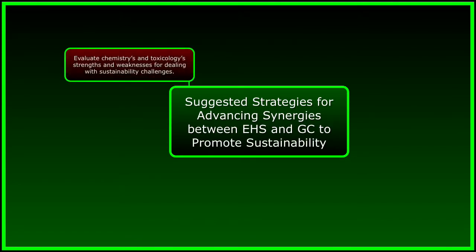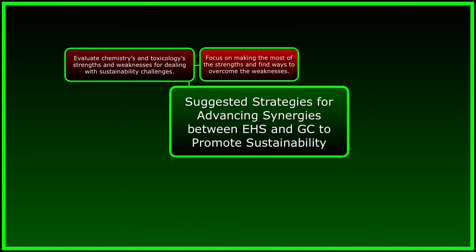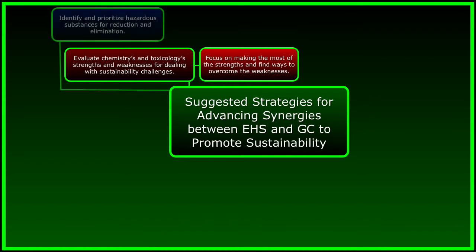We need to evaluate chemistry's and toxicology's strengths and weaknesses for dealing with sustainability challenges. We need to focus on making the most of the strengths and finding ways to overcome the weaknesses. We need to identify and prioritize hazardous substances for reduction and elimination.